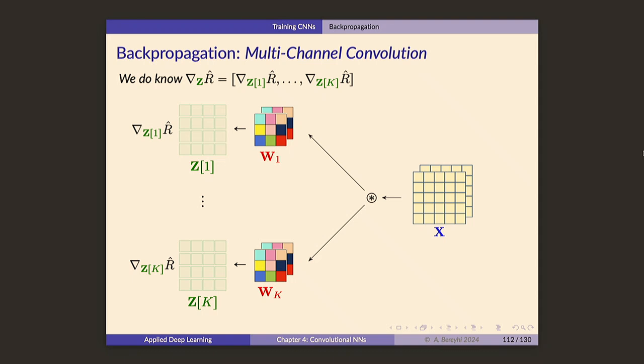If I forget about these maps and just have one single map here, you do know how to move backward. We did it before. It was simply a convolution again. Now, since I have multiple maps at the output, and all of them are functions of x, what should I do? I simply need to use the chain rule again, but I can use it directly on the maps.